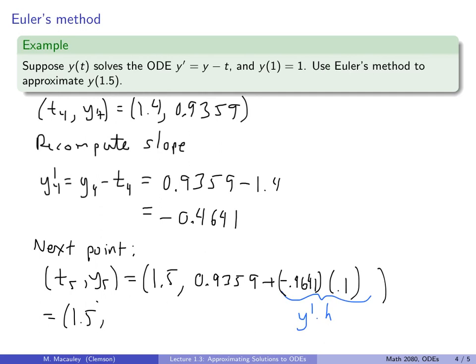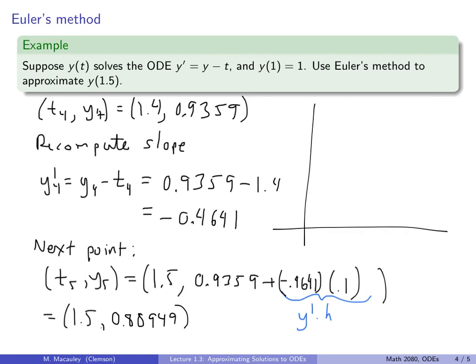Let me erase that. We get 1.5, and then whatever this evaluates to, with some pre-processing, is 0.088949. So, just to draw again, a very quick, rough sketch: 1, 2, 3, 4, 5.